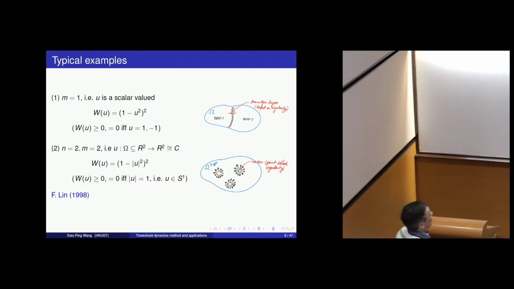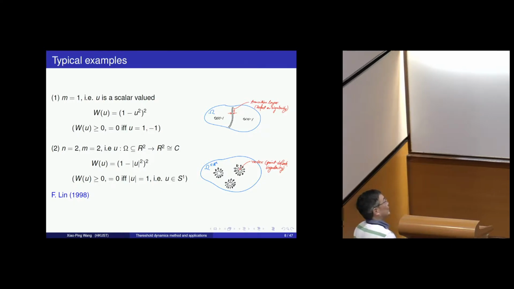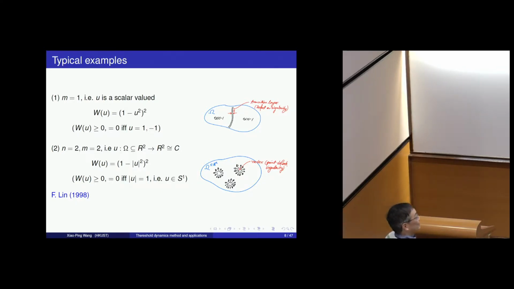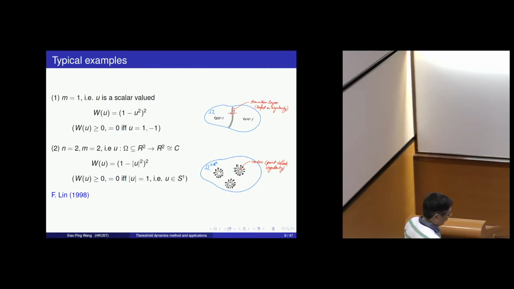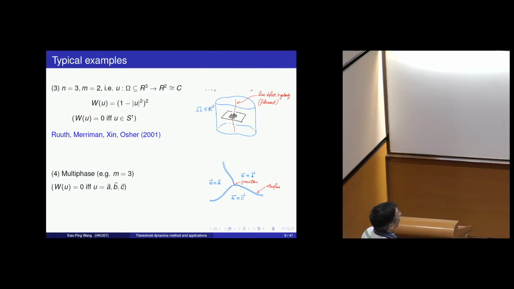And then if u is a 2-vector, and the domain is 2-dimensional, then the singularity is a vortex. So when epsilon goes to 0, you can derive the vortex dynamics, and Fanghua Lin did a lot of work on this system.